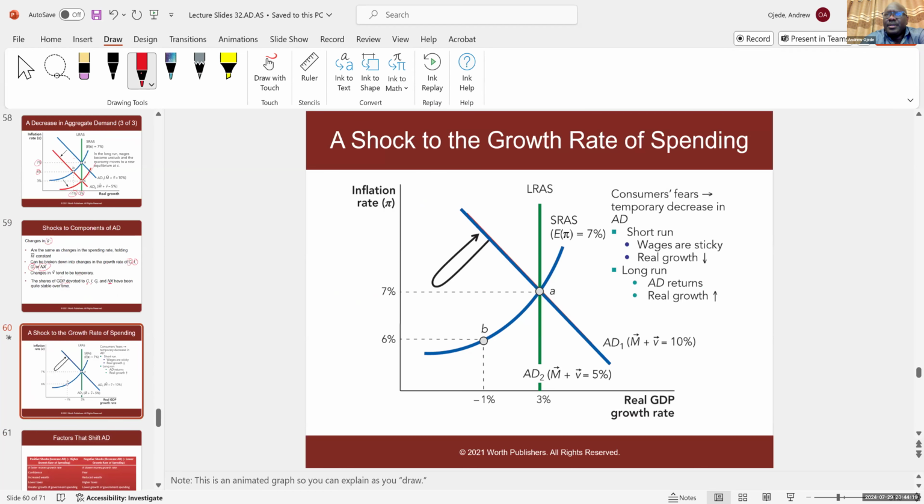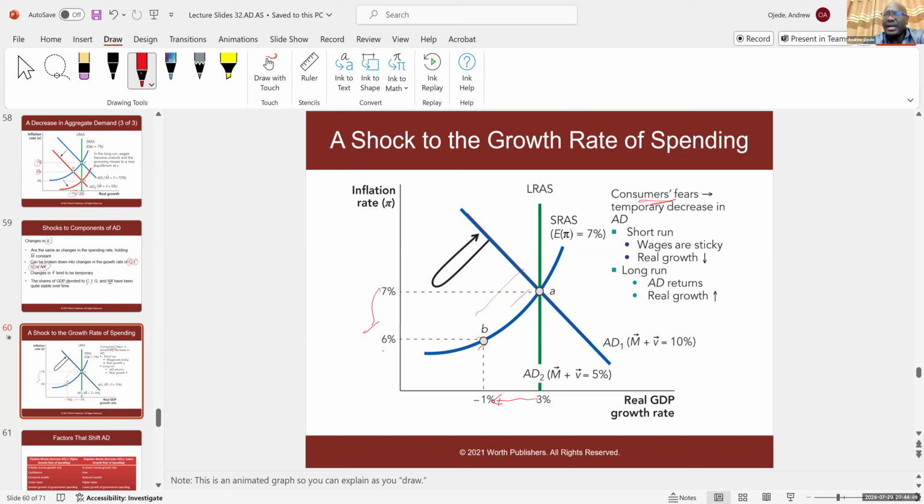For example, when consumers fear something happened in the economy, maybe there's low consumer confidence, the aggregate demand curve is going to shift to the left. They can shift to point B temporarily. But wages are sticky in the short run. That can put the economy temporarily in a recession at point B, and inflation is going to fall.